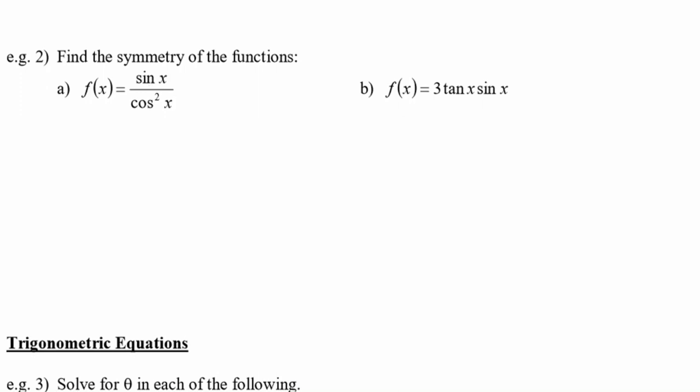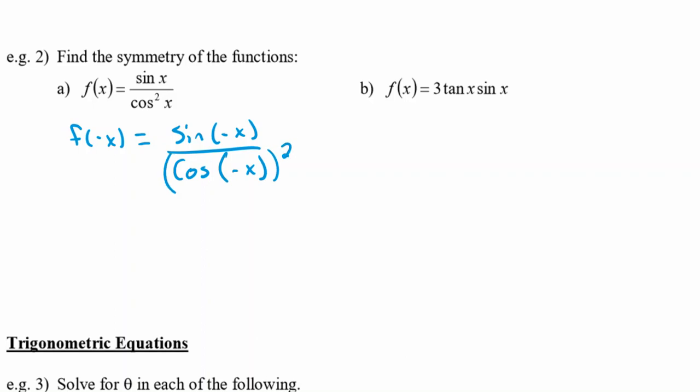All right, so find the symmetry of the functions. For that, we want to input f of negative x. What that really means is we're going to put negative x in for all x. So that would be sine of negative x over cos squared of negative x. Just so I don't confuse myself, let's write cos squared like that.